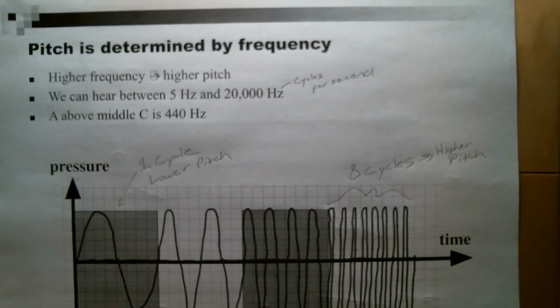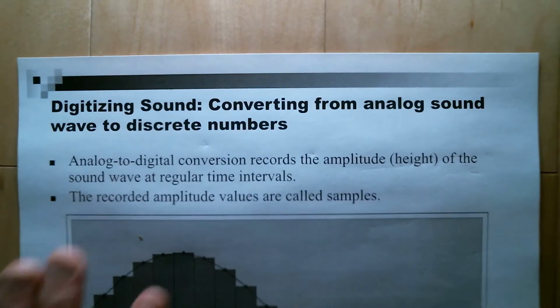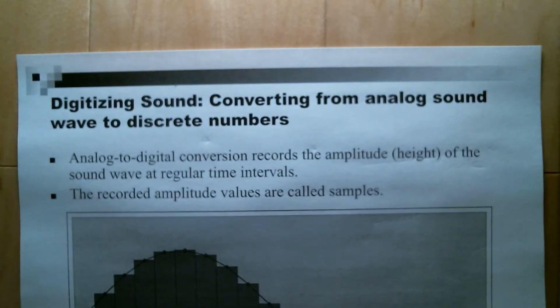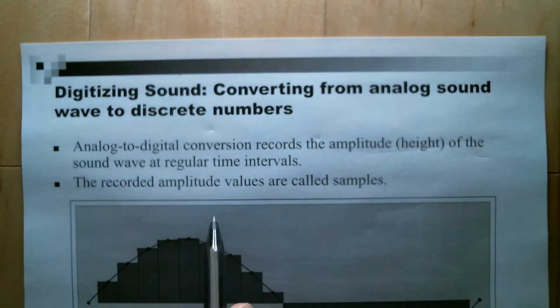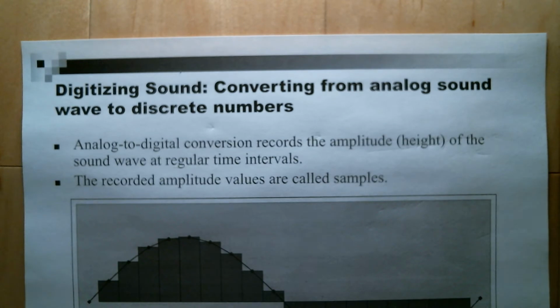All right, so how is this all actually digitized or recorded on a computer? Analog to digital conversion records the amplitude, or the height, of the sound wave at regular time intervals. The recorded amplitude values are called samples.